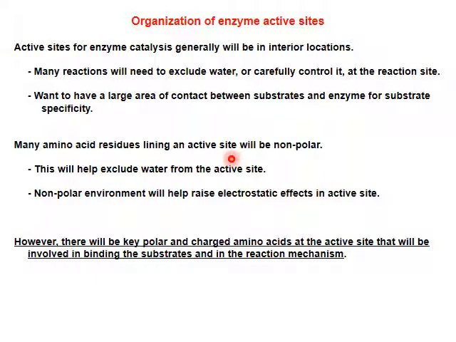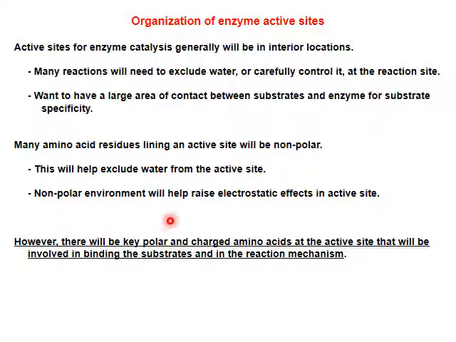And with water being excluded, this allows for a different dielectric constant in the active site that can promote electrostatic effects that are much more prevalent and stronger in the active sites of enzymes than in aqueous solution, where you have water and its interactions with these charged molecules and dipole alignments.